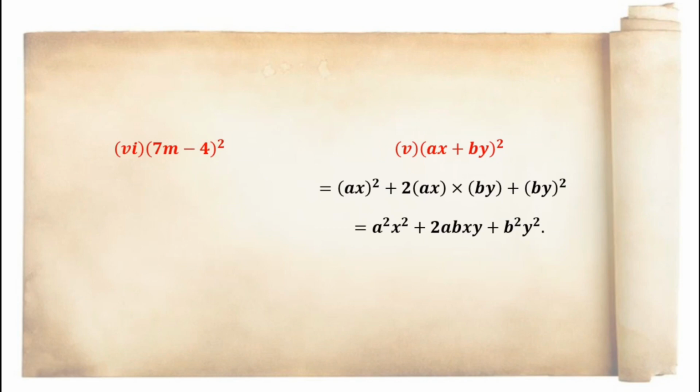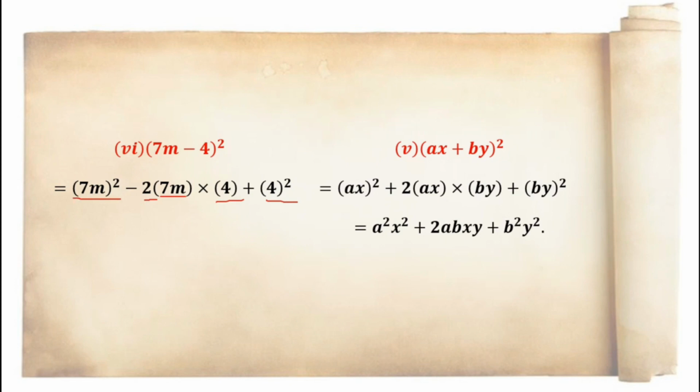Now the sixth question is here. (7m minus 4) raised to 2. So here you will see that 7m raised to 2 minus 2 into 7m into 4 plus 4 raised to 2, and here you will see that 4 into 7, that will be 28, right, and 28 multiplied by 2 will be 56.